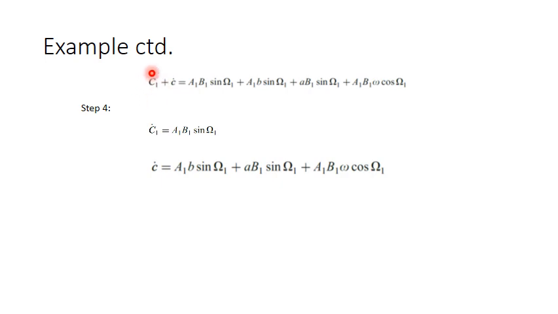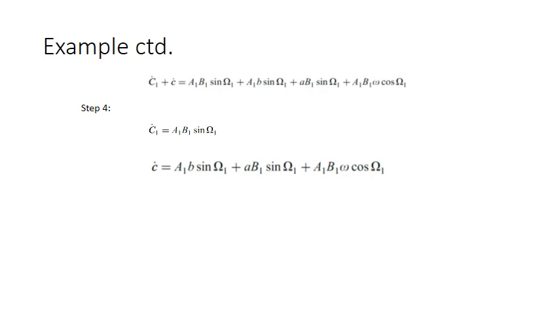C1 is equal to A1 B1 sine omega 1. Remember that the original equation was C dot equal A times B sine omega.